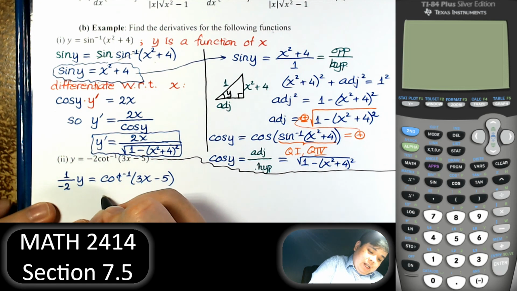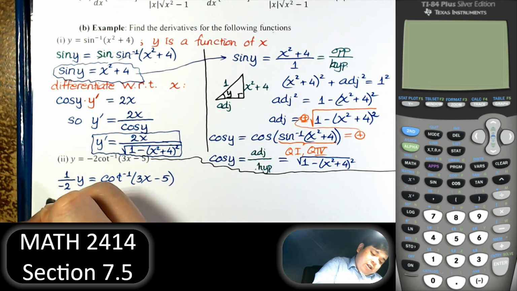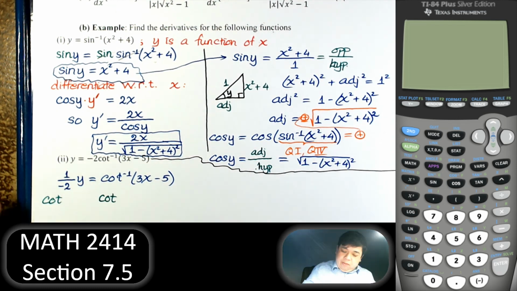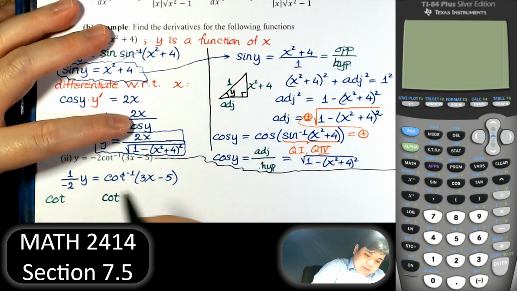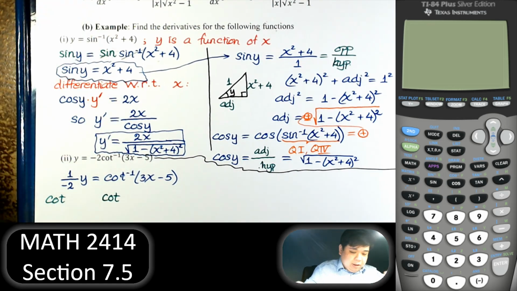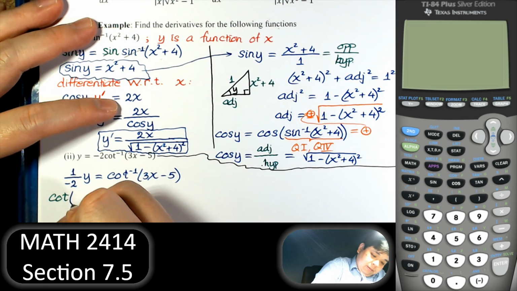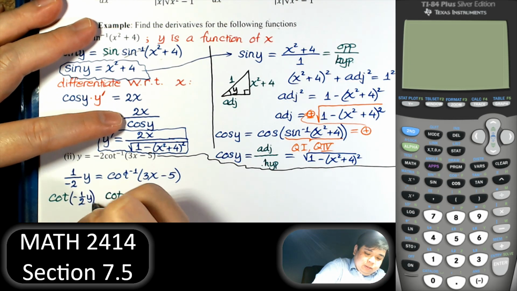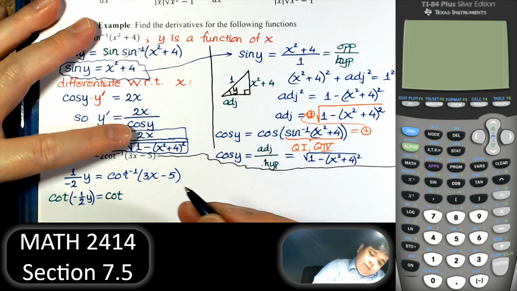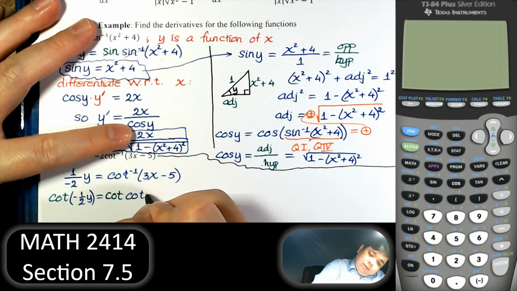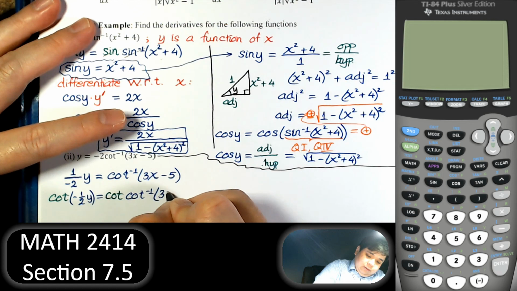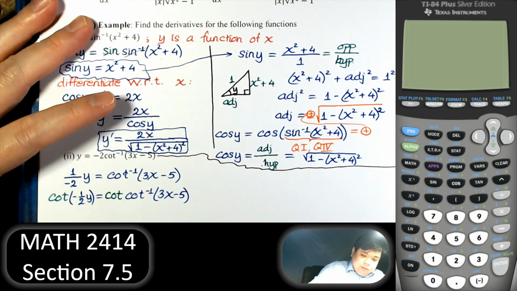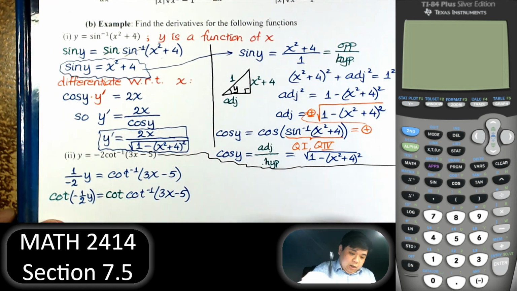So, take the function on both sides, and those two cancel out.